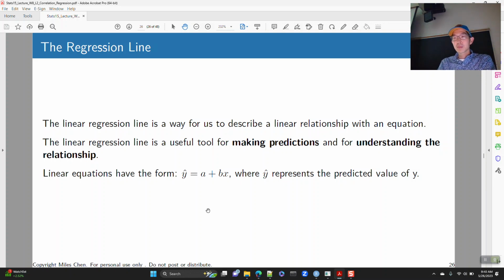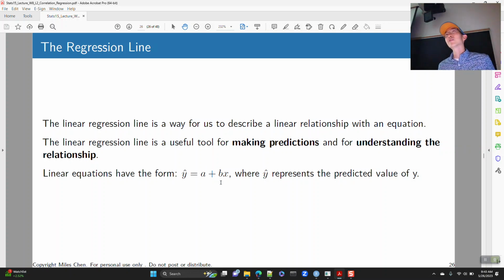And you get this equation: an intercept plus slope times x. Our intercept we'll call a, and our slope we'll call b. If you pick up another textbook, they might call this beta 0 for a, beta 1 for b.